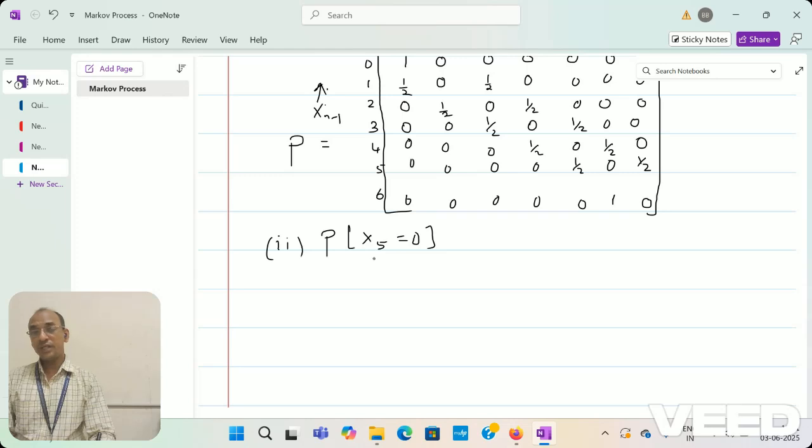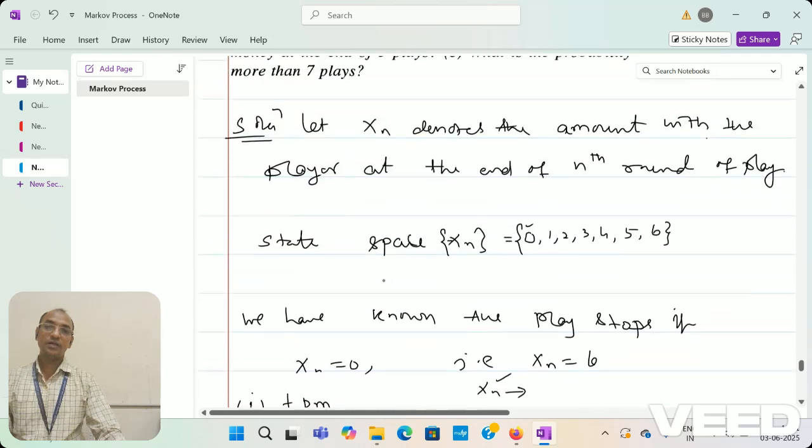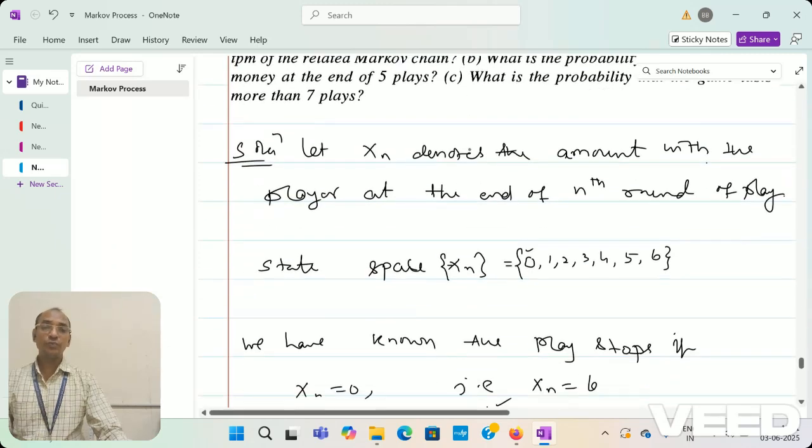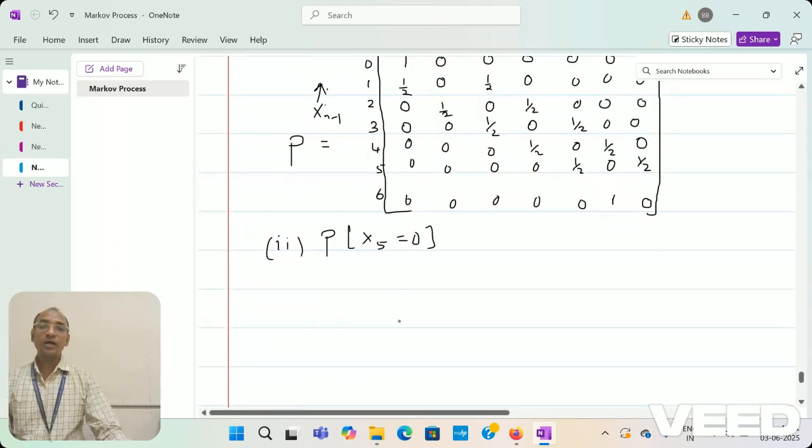So in order to find X5 equal to 0, let us find the initial probability. What will be my initial probability? From the question you see that the man can start the play if he has 2 rupees.